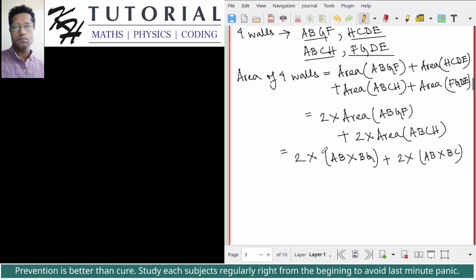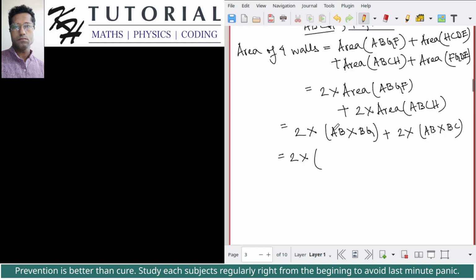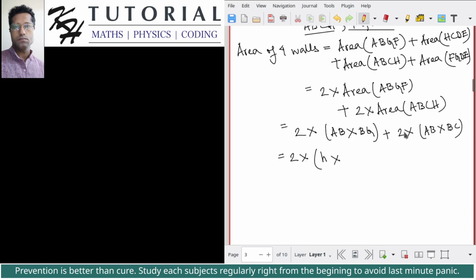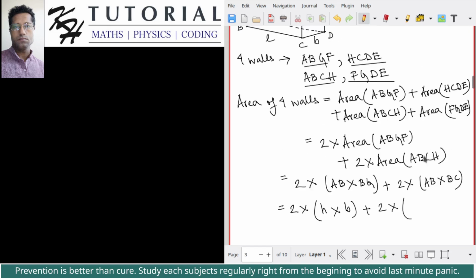So this is 2 into, now what is AB? AB is h. What is BG? BG is equal to the breadth of this room, that is b. So BG is b. Plus we have 2 multiplied by, what is AB?